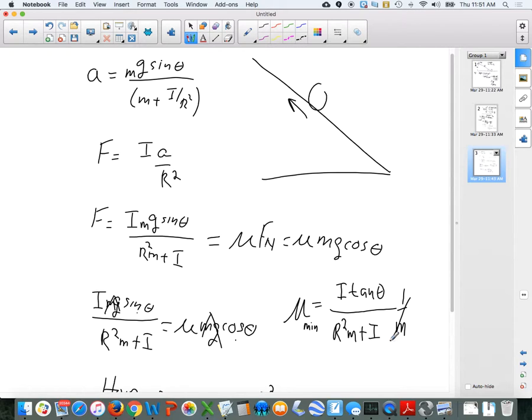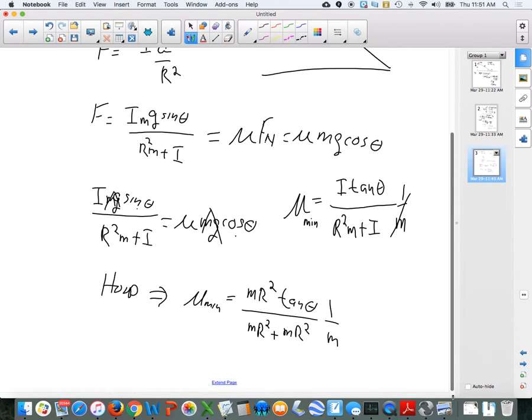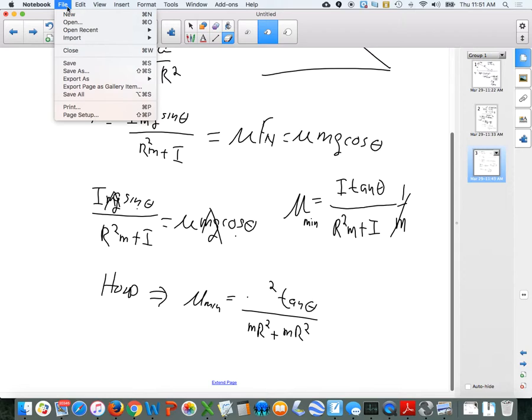Okay. So that gets rid of that M there. Now I feel comfortable, because dimensionally everything cancels out.